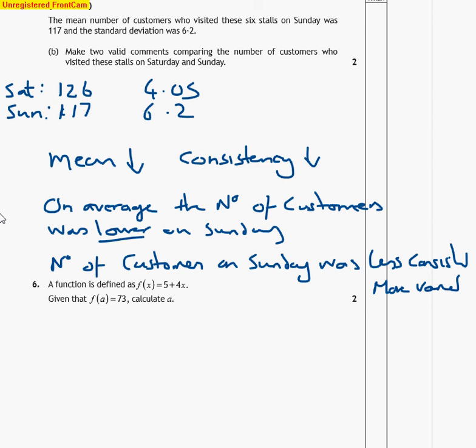So less consistent, more varied, there's a bigger spread of customers.